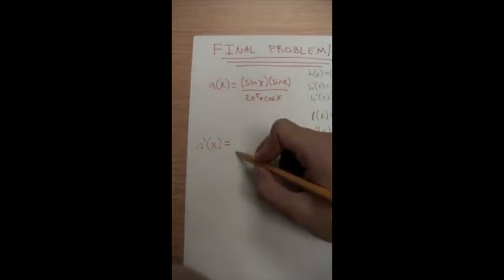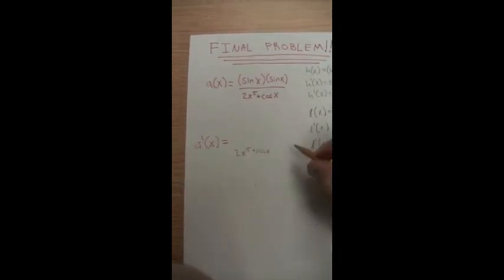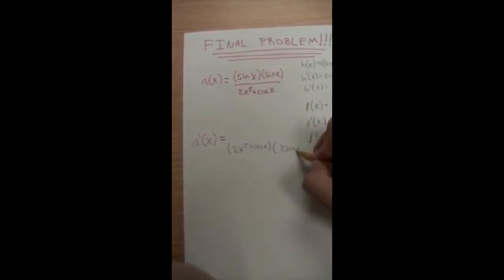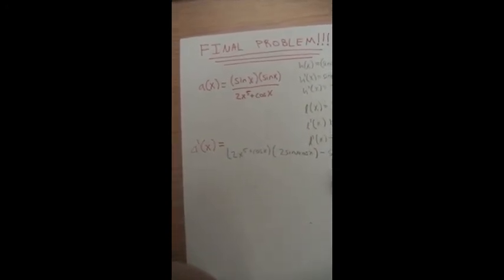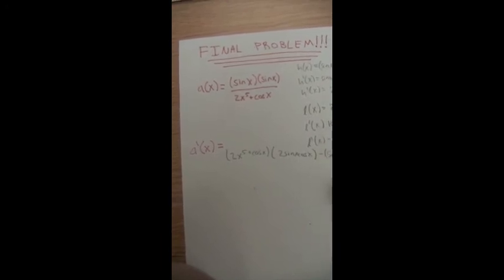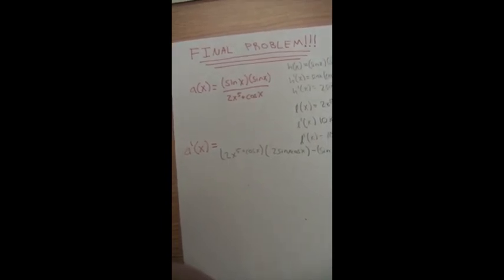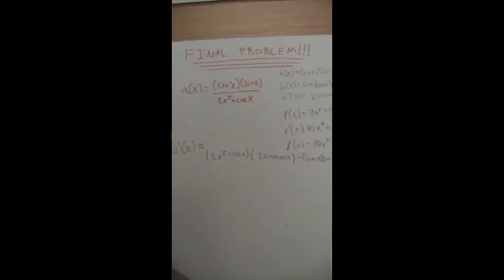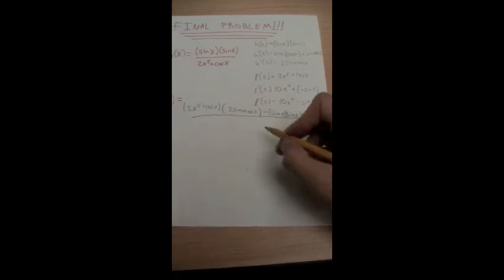So low is here, 2x to the 5th plus cosine x, d high times 2 sine x cosine x, minus high d low, 10x to the fourth, and that's all over low squared.